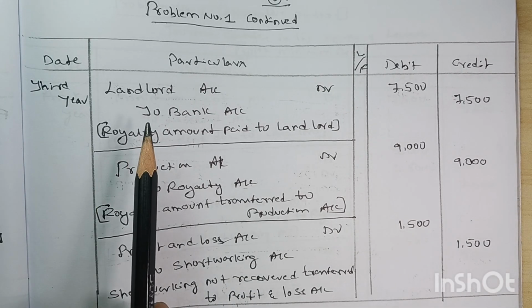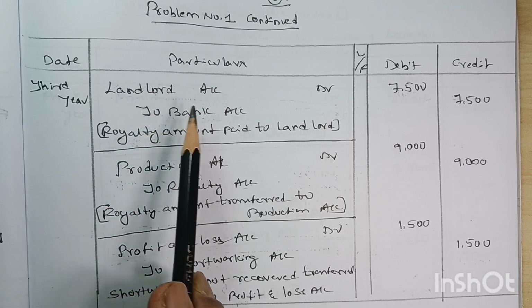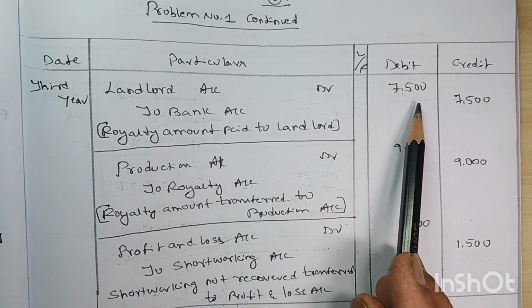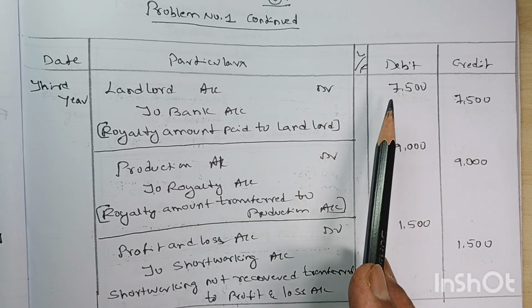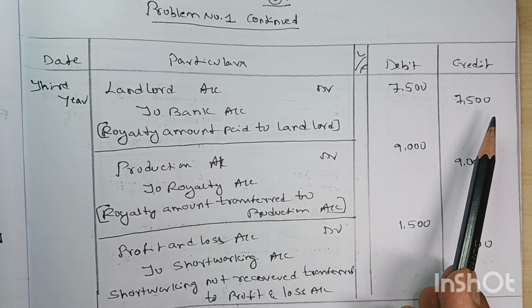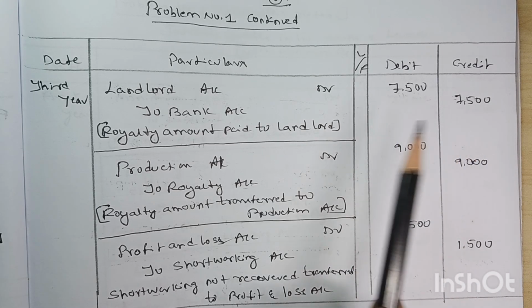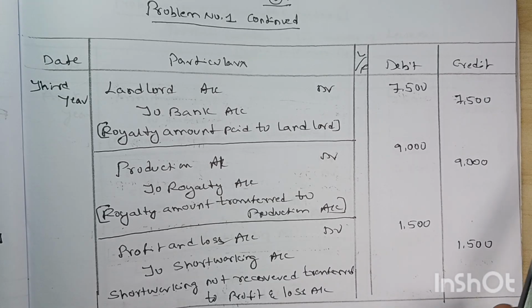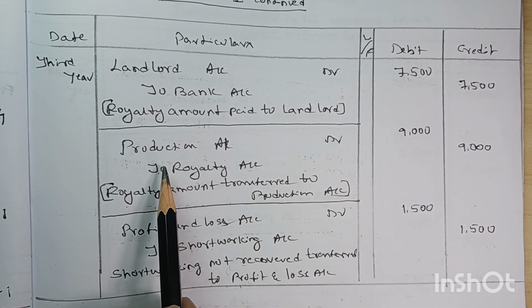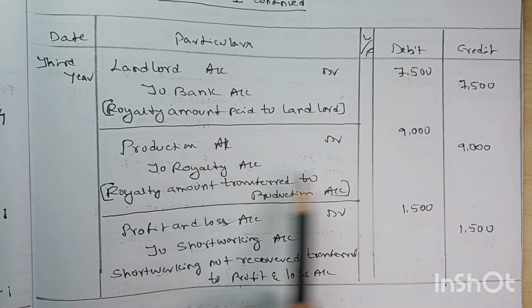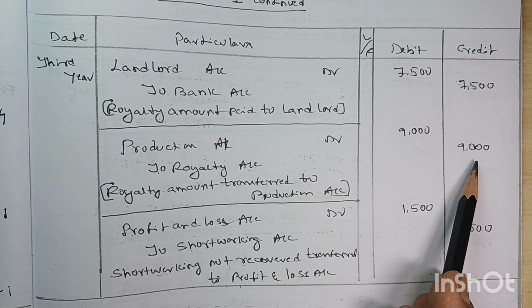Now the second journal entry is as usual: landlord account debtor to bank account 7,500. Even though he has earned 9,000, he is eligible only for 7,500 because 1,500 has been given to recoupment. Then once the royalty account is opened, it will be transferred to production account or profit and loss account. Production account debtor to royalty account 9,000.